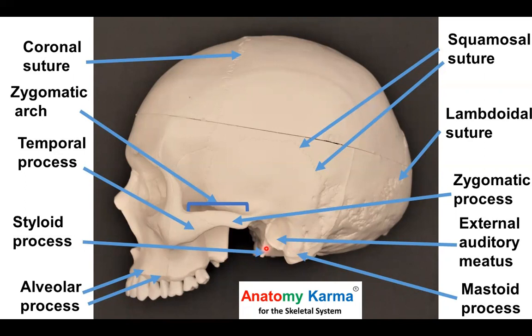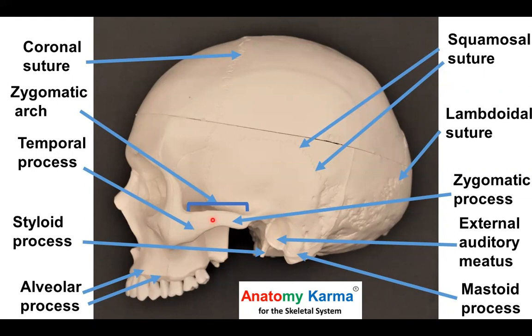Another landmark is the zygomatic process. This is a projection coming out yet again from a temporal bone. And this is leading us to the temporal process. You can barely see the suture here between the zygomatic and temporal bones.